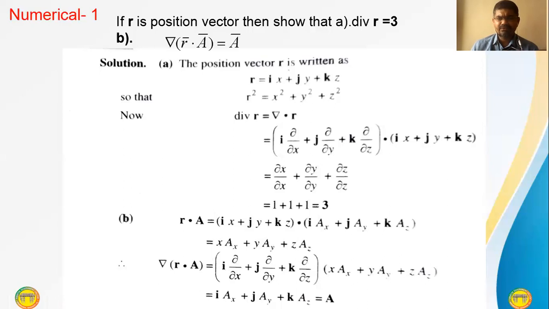I got the value i ax plus j ay plus k az, which is nothing but vector a. This is all about the first problem.